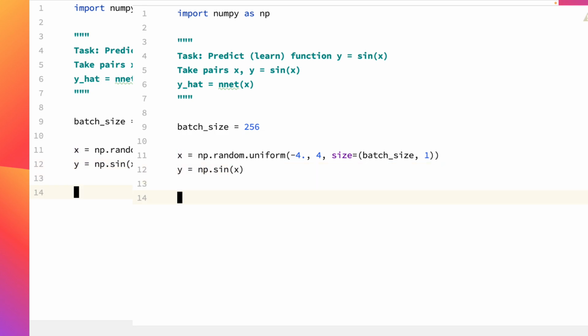We will write a neural network that does this. So yeah, let's do basic equations for the neural net.